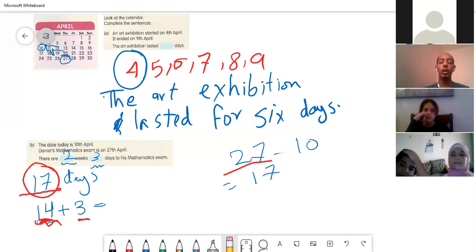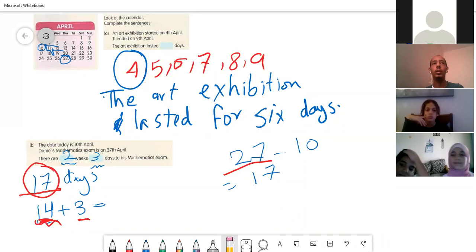17 days, we are going to convert the days into weeks and days. For 1 week, how many days? 7 days. Another week, 14. Then we have 17 days. Now we already counted 14 days.